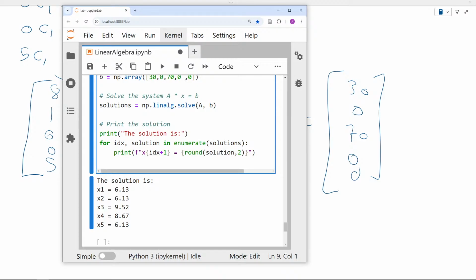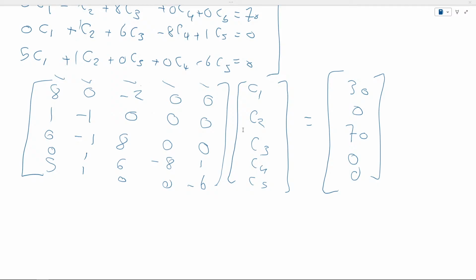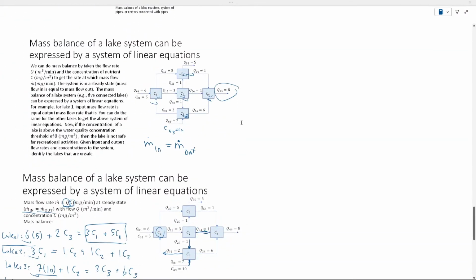See, the problem is telling you, if you read the problem statement here, if the concentration of a lake is above water quality concentration 8 milligram per meter, then this lake is not safe for recreational activity.